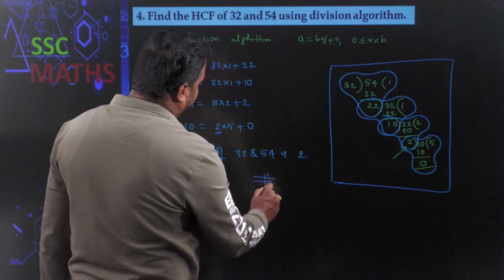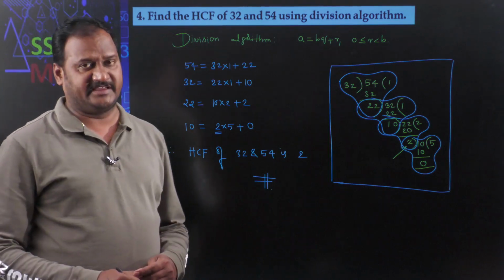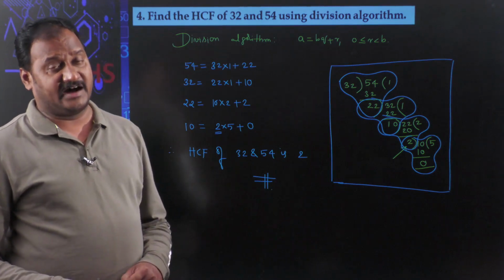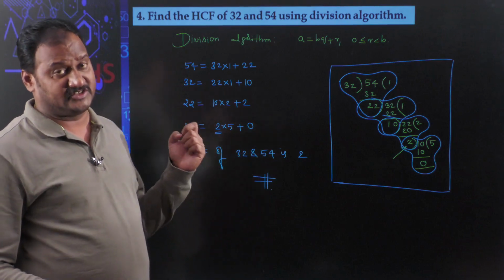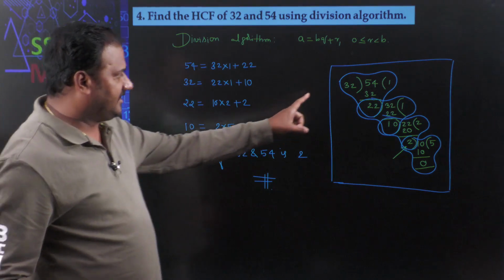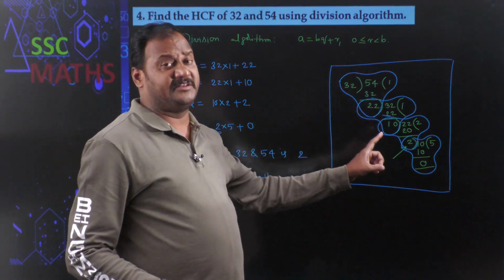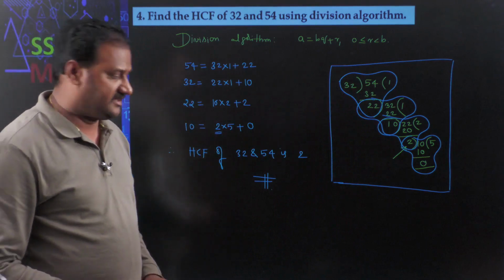This is the way of finding HCF of the given two numbers by division algorithm or by using Euclid's division lemma. Another name for the division algorithm is Euclid's division lemma. So please do remember the procedure, and then easily you can write every single step, right?